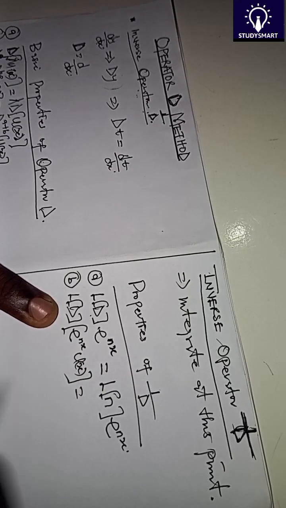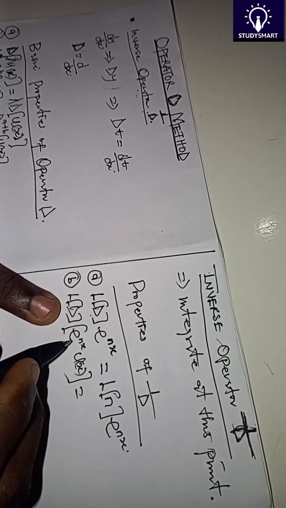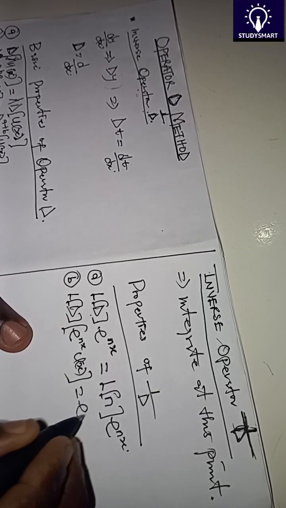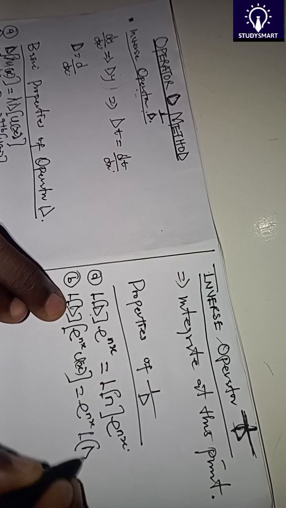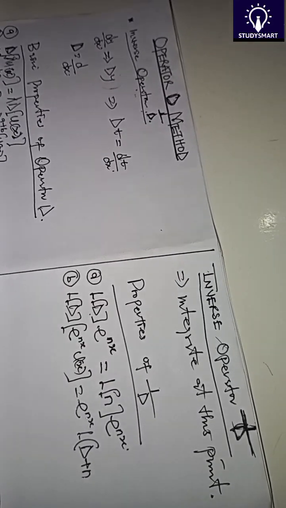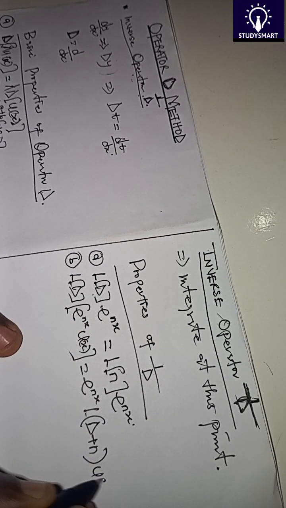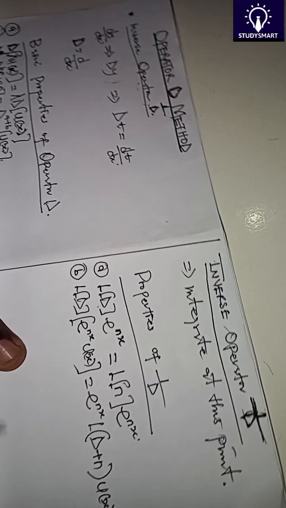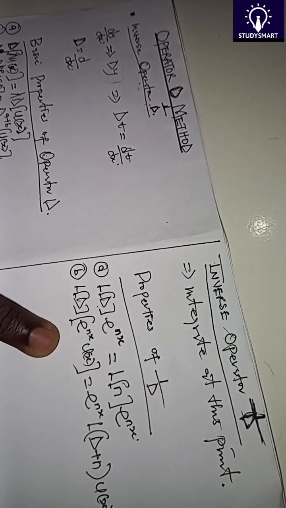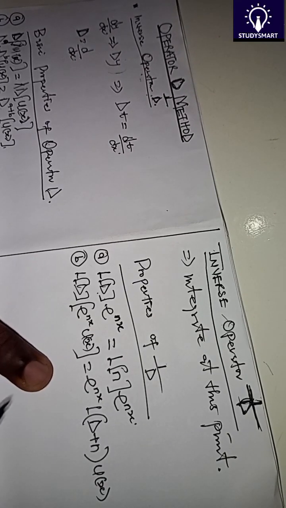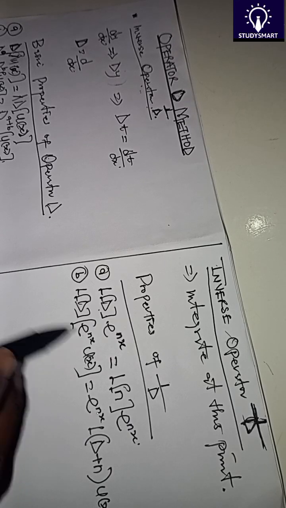At this point, I'm going to add n to D. So it means that I'm going to have exponential nx here. Then I'll have D, then I'll add n to it, then I'll have u of x. That's what it means. All right. If I have L of D of this function, it means that I'm going to add n, which can be any number. All right. n here can be any number.